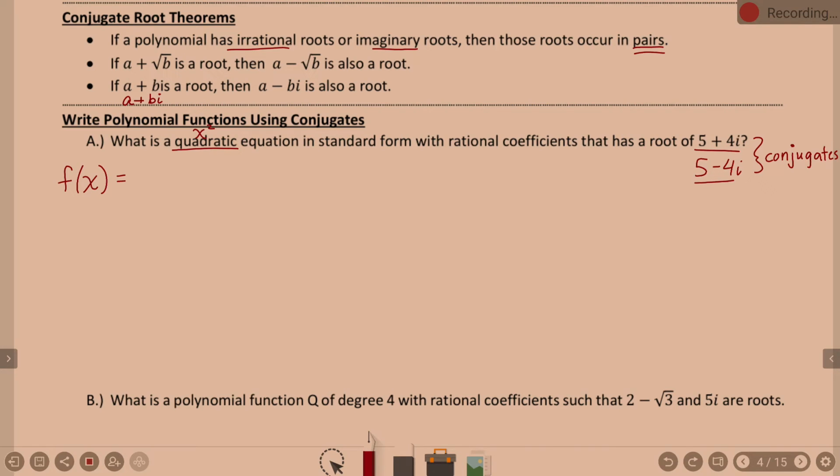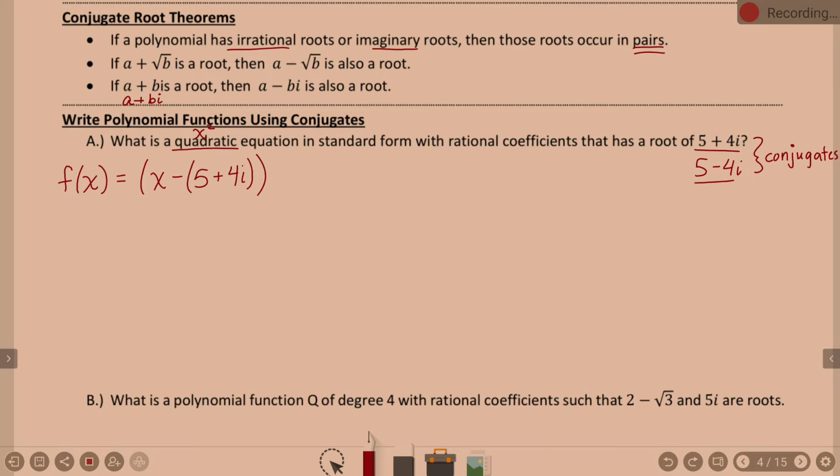Now, how do we write this as a factor? So normally, let's just start, if the root is 5, how do you put that as a factor? You do x minus 5, right? Now, our root isn't just a single number, though, is it? Our first root is 5 plus 4i. So this is going to be x minus, and I'm going to use another set of parentheses, because it's going to be x minus the root of 5 plus 4i.